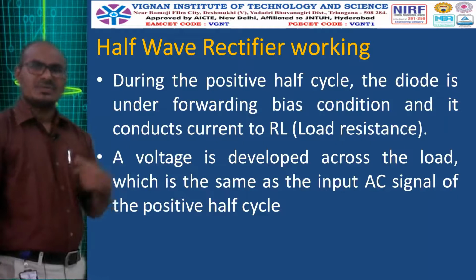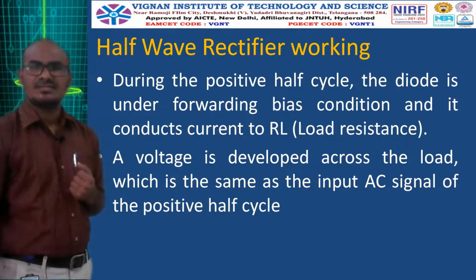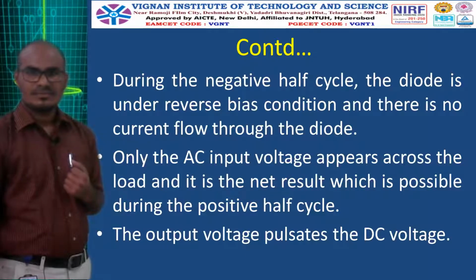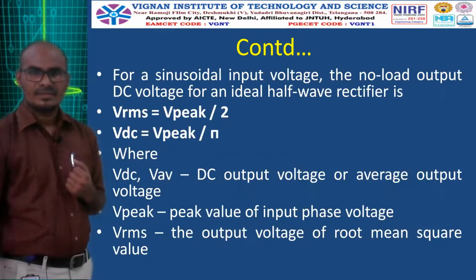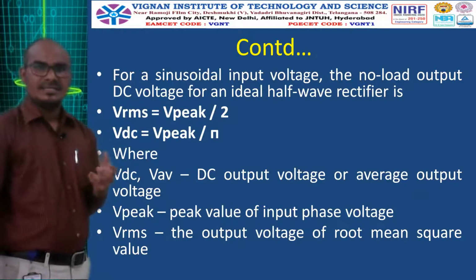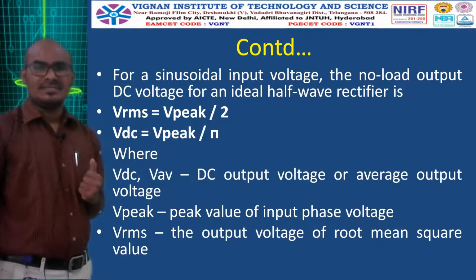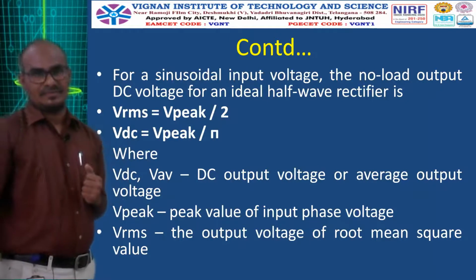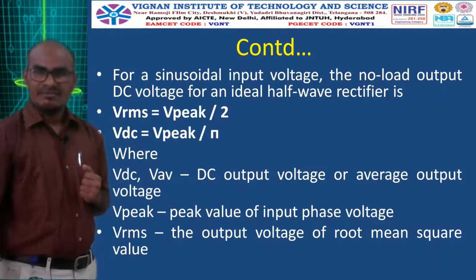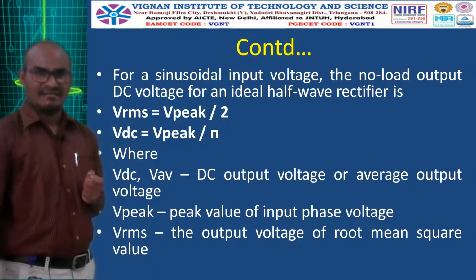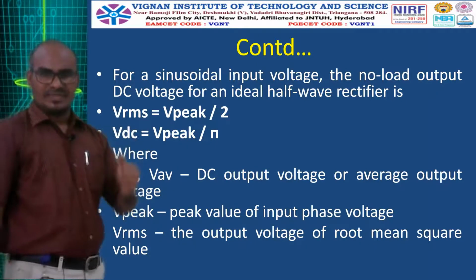So whatever I talked about just now is mentioned in the slide. Here are some of the qualitative parameters that are to be measured for the output of a rectifier. One is the VRMS, which stands for root mean square value, and another is the VDC or V average of the output of the rectifier.